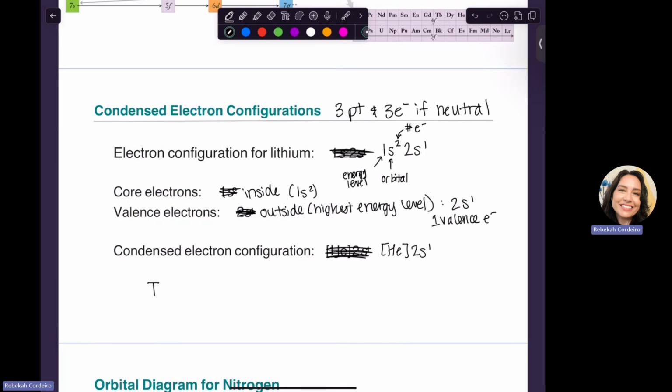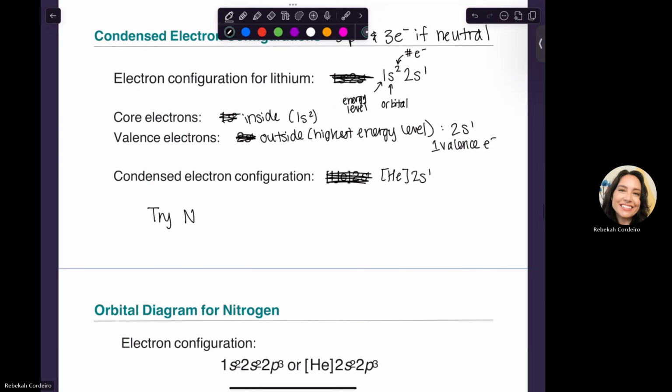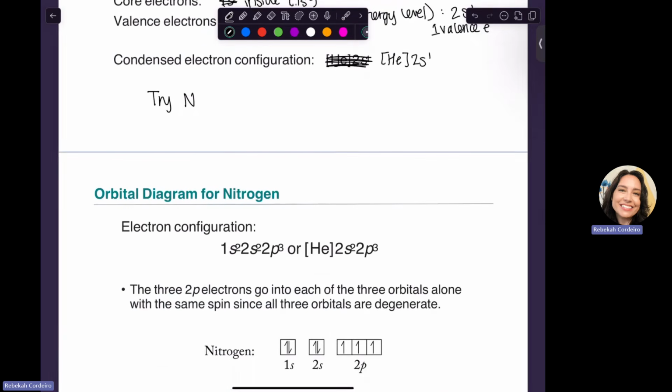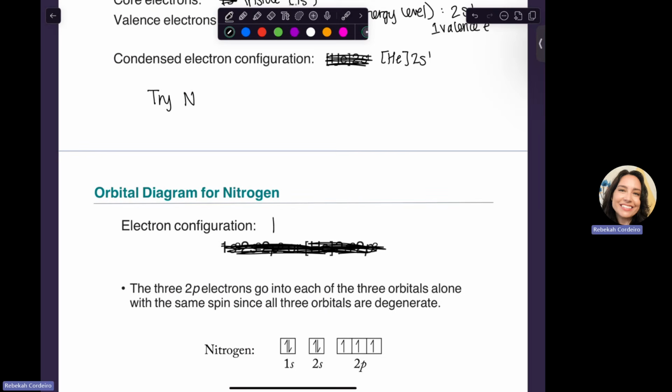So try nitrogen. Pause and try that one. For nitrogen, and again, they kind of got this all messed up, the electron configuration should be 1s2, 2s2, 2p3, or we can do helium, 2s2, 2p3.